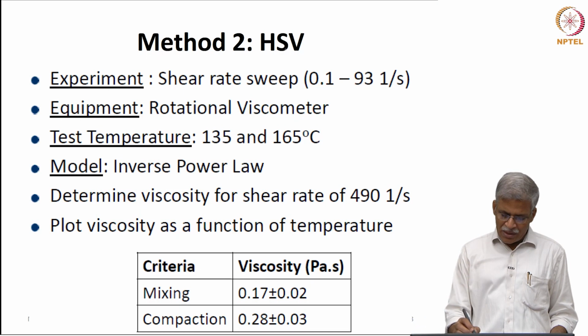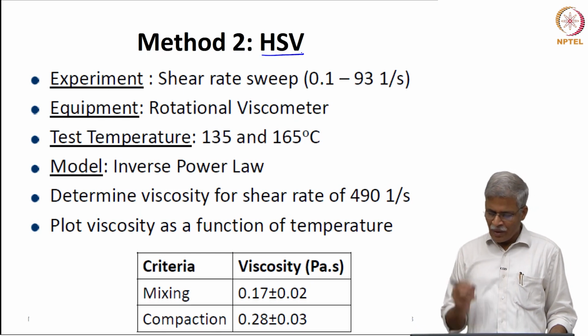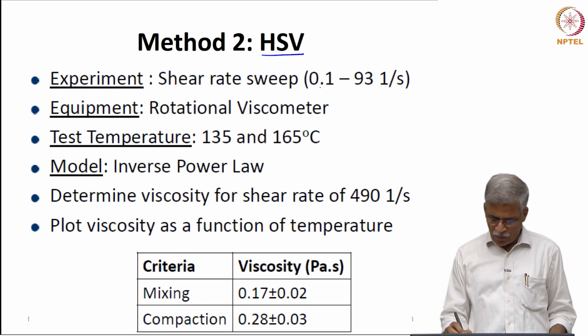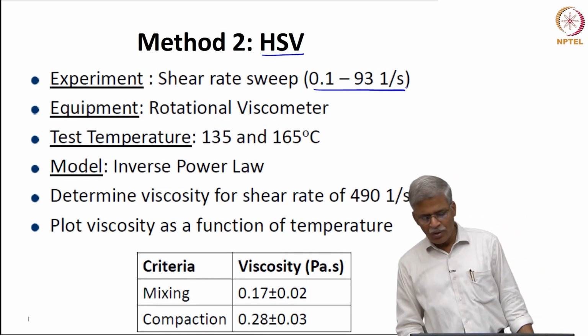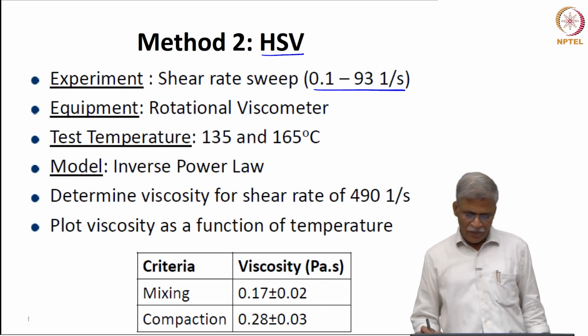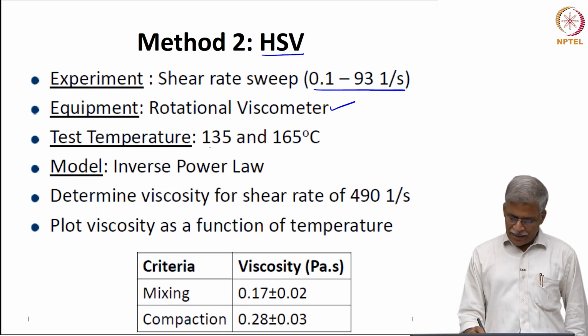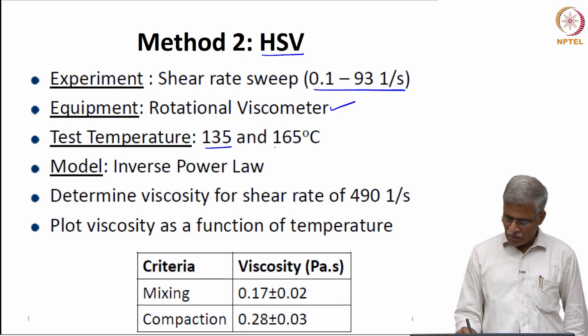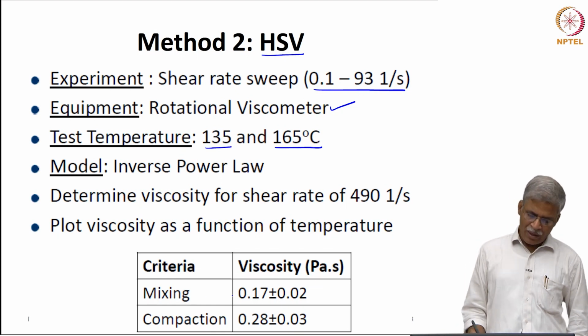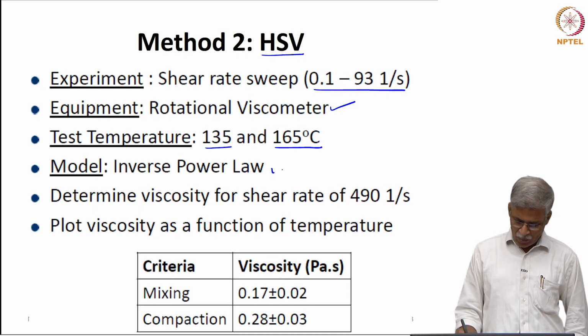The second one is the high shear rate viscosity. So, here you are going to do a shear rate sweep at 0.1 to 93 reciprocal seconds. We are going to use a rotational viscometer and you will conduct this test at 135 and 165 degree centigrade, and you use an inverse power law model.